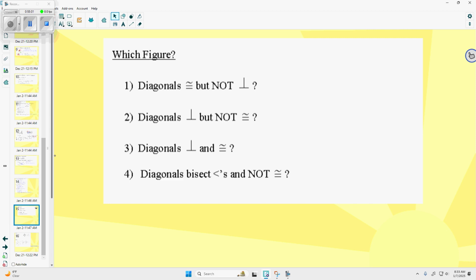You are correct. Rectangle, rhombus, or square. No parallelograms.